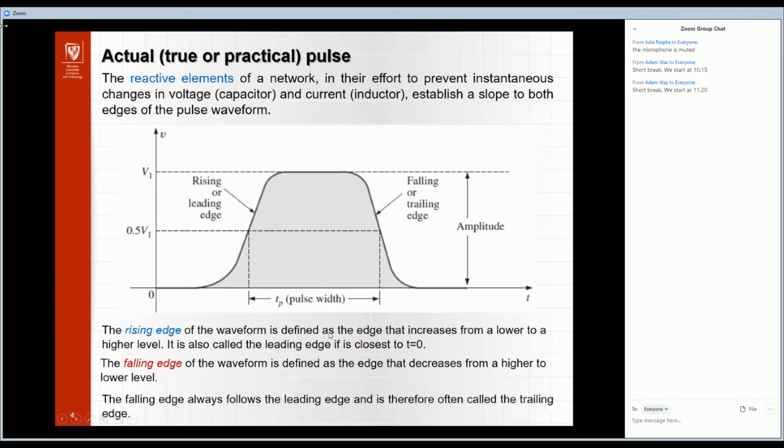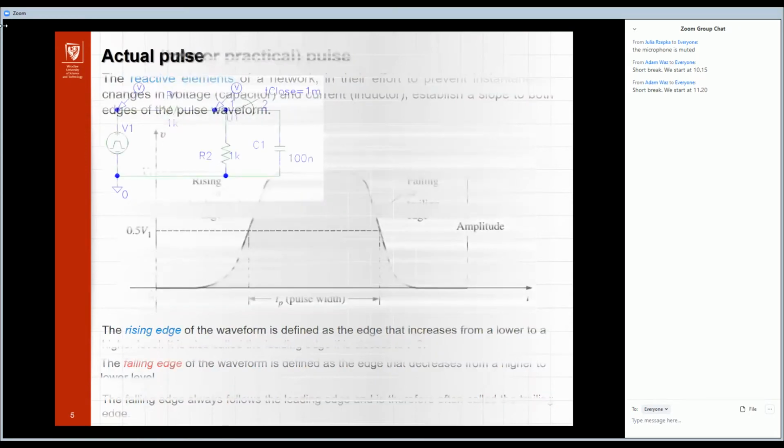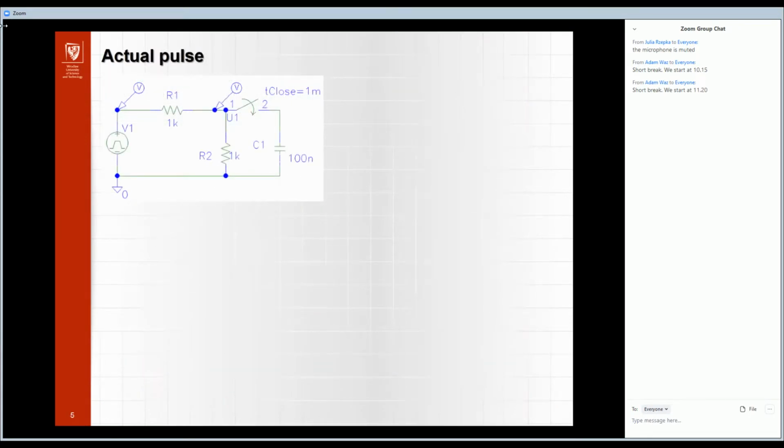And you see in this picture, the pulse width is defined at half of the amplitude, because you notice that it is difficult to choose which point we should take for the analysis. So the most important thing from this picture is that we measure the pulse width at half of the amplitude.